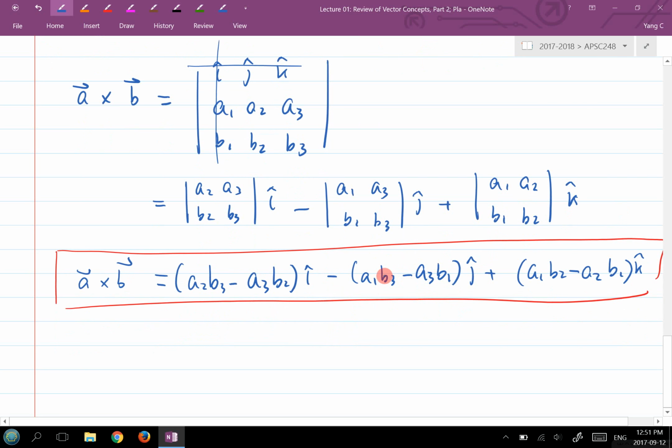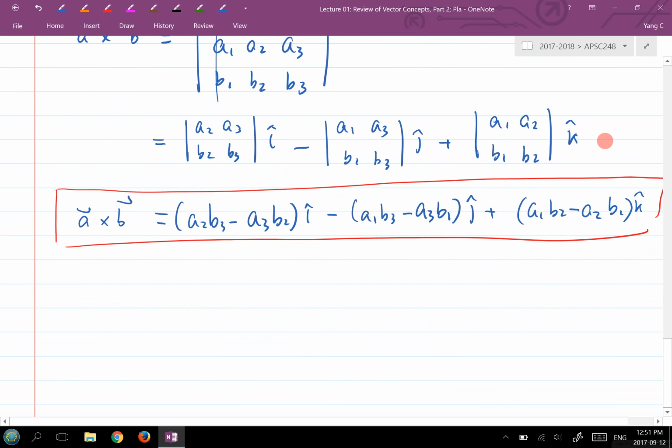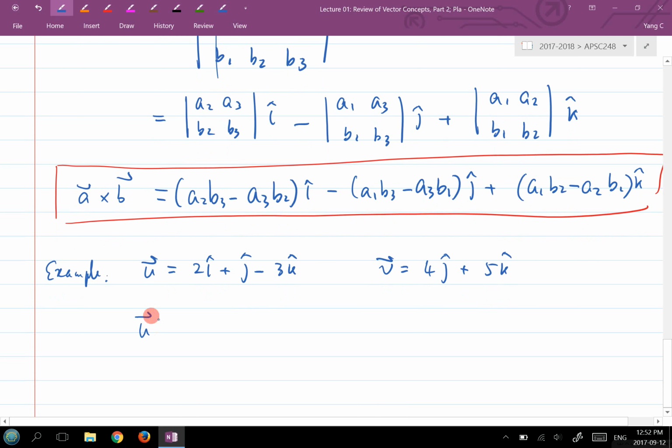Okay, I'll ask you to do a quick exercise yourself here. So here are two vectors u and v, and I want you to calculate this u cross v.